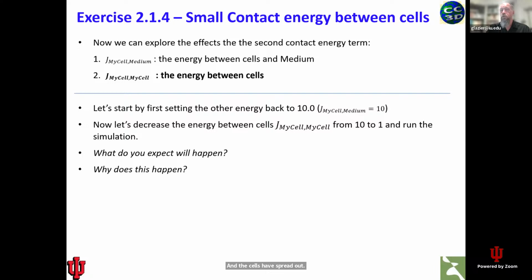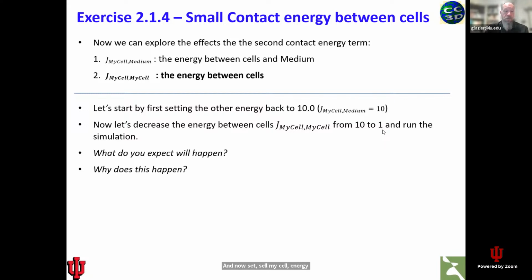Now, let's do one last exercise here, and then we'll jump to something else. We may skip a couple of these details, because I want to get onto some other things. You can play around with this.